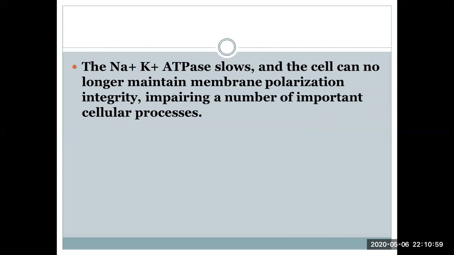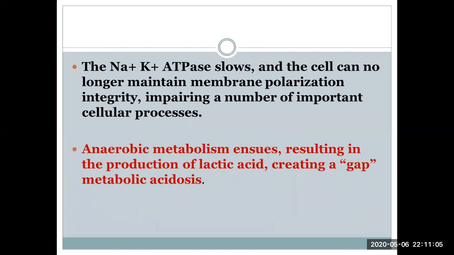That's why a patient with septic shock will have disturbance in their electrolytes, because anaerobic metabolism occurs and results in production of lactic acid, creating a gap, what's called metabolic acidosis. That's why in a patient with septic shock, we have to check the blood gas and lactate, because they will have hyperlactatemia with metabolic acidosis, which should be detected as early as possible.